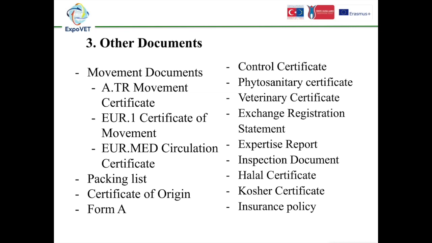EUR-MED Movement Certificate. It is the proof of origin document used in the export of related products to the countries party to PAAMK, Pan-European Mediterranean Cumulation. The PAAMK system is a cross-cumulation system that includes EU, EFTA, Turkey and some Mediterranean countries.